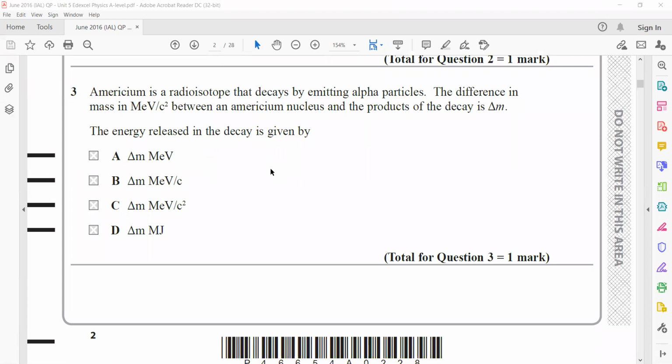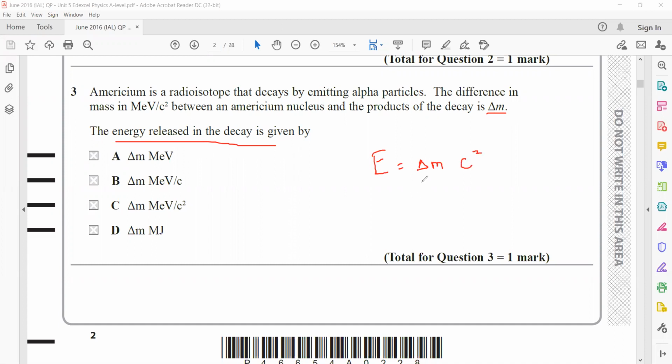Americium is a radioisotope that decays by emitting alpha particles. The difference in the mass, in MeV per c square, between americium and the product is delta M. The energy released in this decay can be given by the formula E equals mc square, or mass defect.